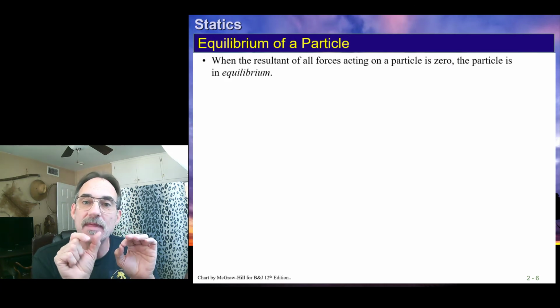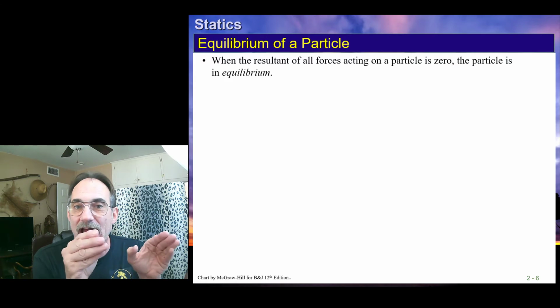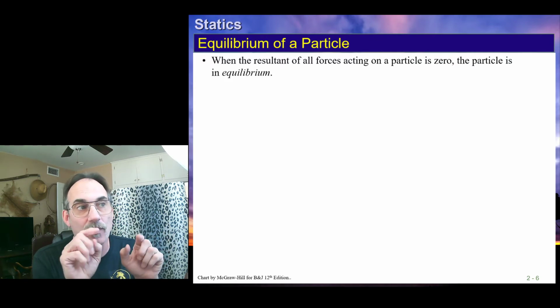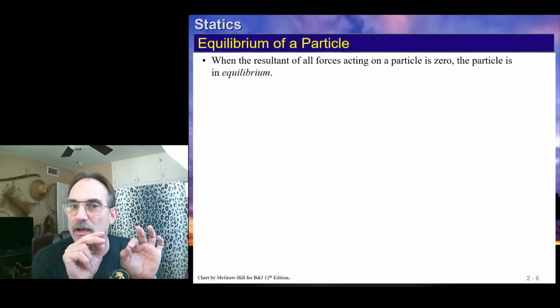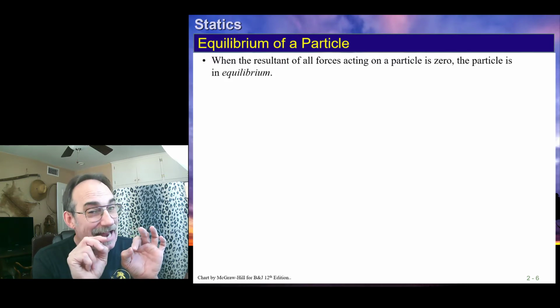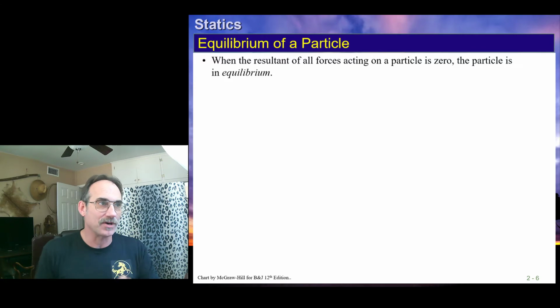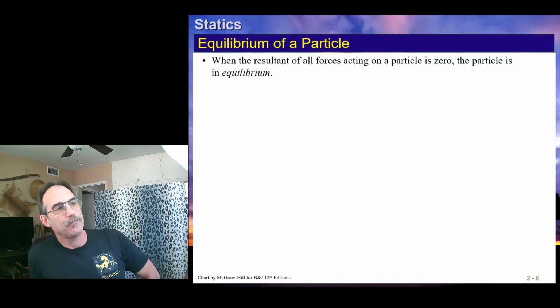And we're going to sum them up. Since we're in statics, we're expecting this not to move. We're going to impose equilibrium, which means we're going to say that they have to be equal to 0, and we're going to use that concept to solve for our forces. When the sum of all forces acting on a particle is 0, the particle is in equilibrium.